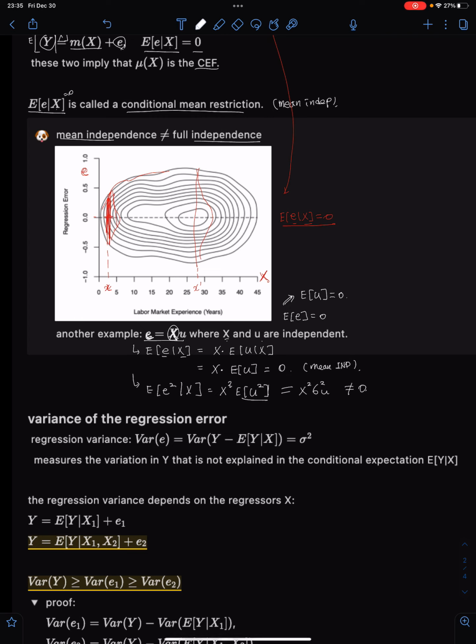In other words, e squared and x are not mean independent, and they will in general be dependent on x. So the variance of e given x is dependent on x, showing that e and x are not statistically independent.